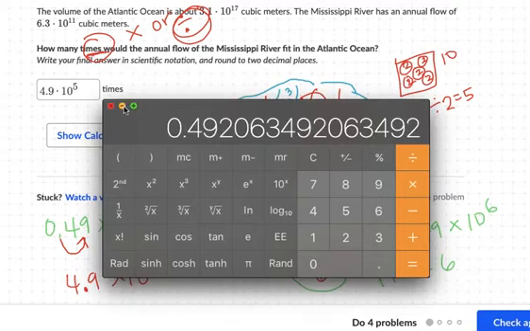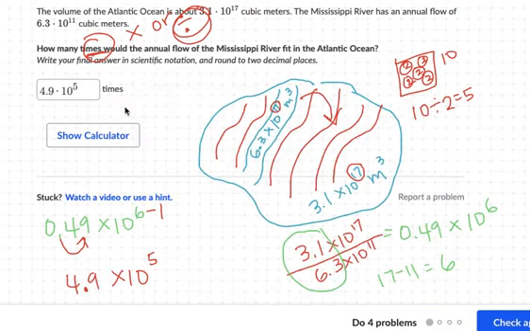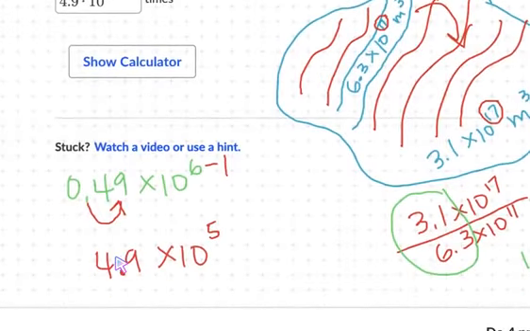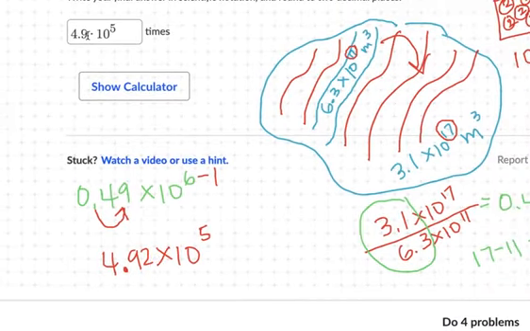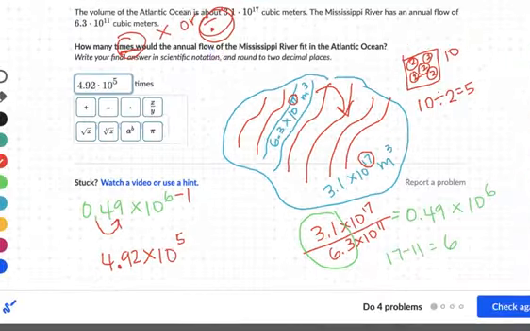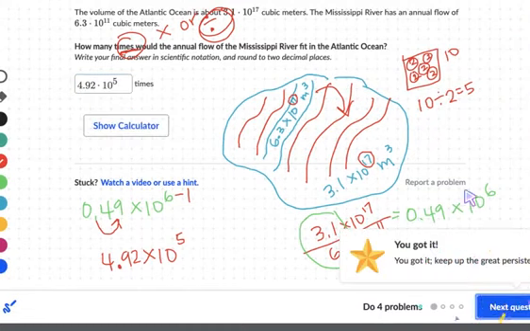So the reason why that didn't work was our 4.9 didn't have 2 decimal places behind the decimal number, so we needed to put in that 2 there since we moved it back. So it should be 4.92. We only had 1 decimal place, so we need to put that 2 back in there. There we go.